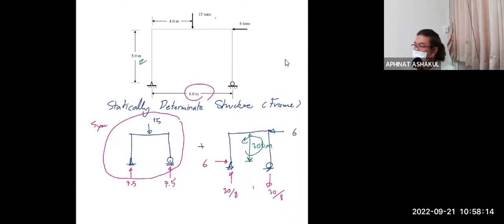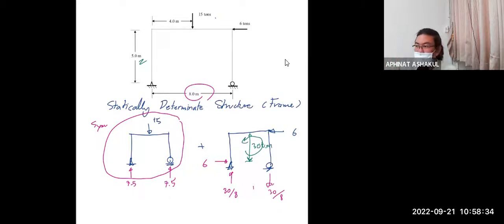Remember a couple, right? Now we have a counterclockwise couple of the two 6s multiplied by their respective moment arm, which is 5, so it's 30. And now we have a couple of 30 over 8, and it has a moment arm equal to 8.